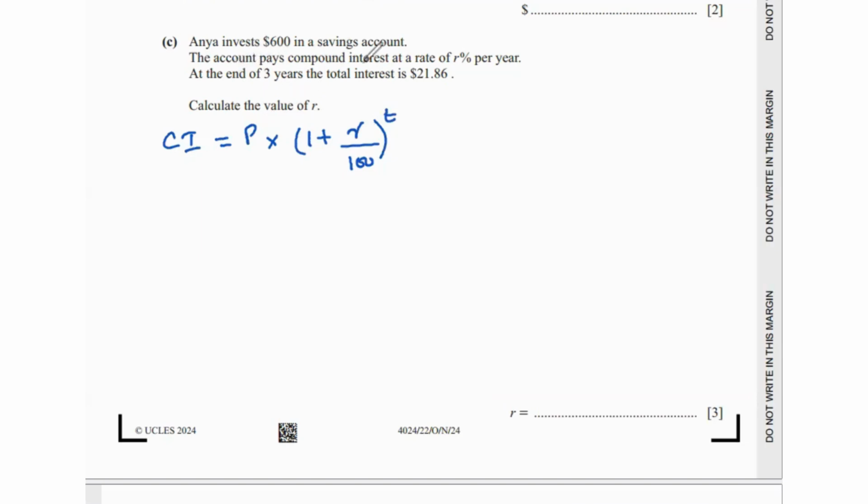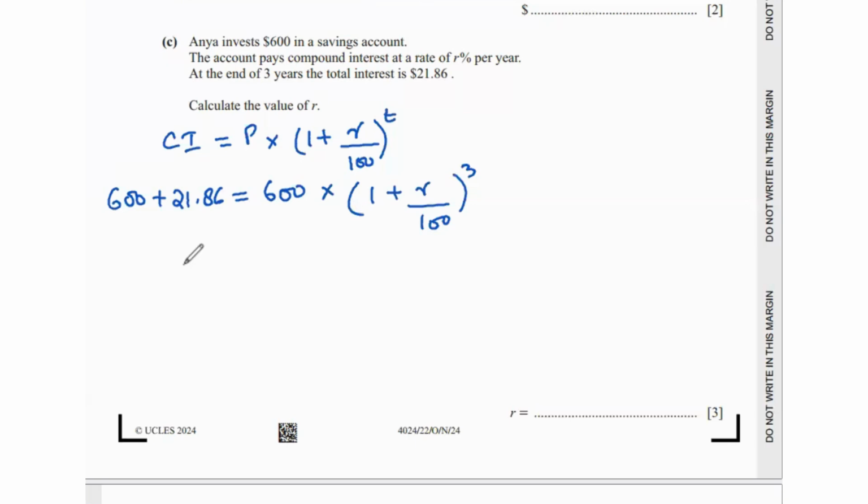We know that she invested 600 and 1 plus R over 100. Time period is 3. At the end of 3 years, the total interest is 21.86, which means we will add 621.86 to find the compound interest value, because the compound interest formula gives us the final amount.